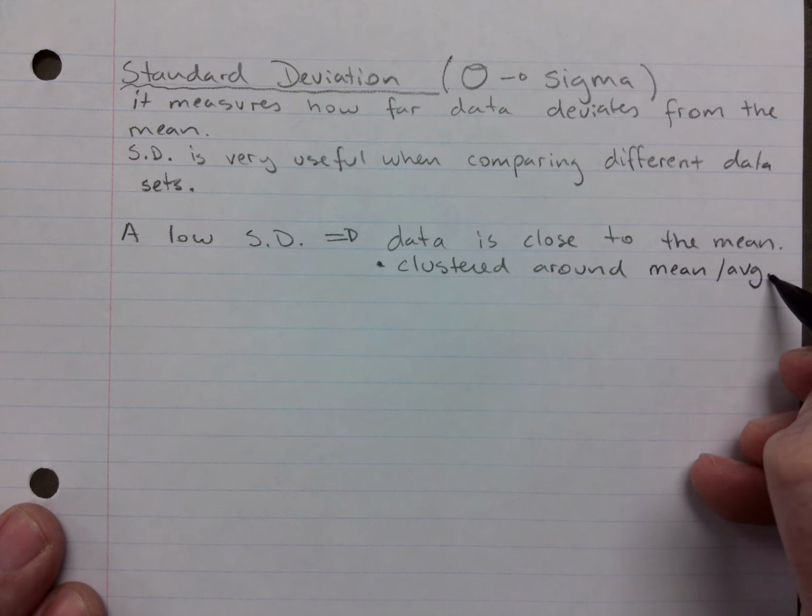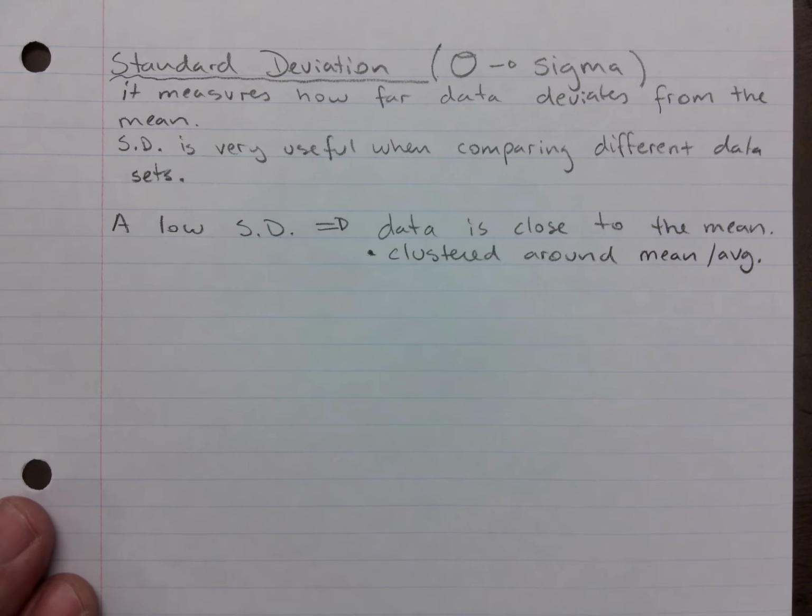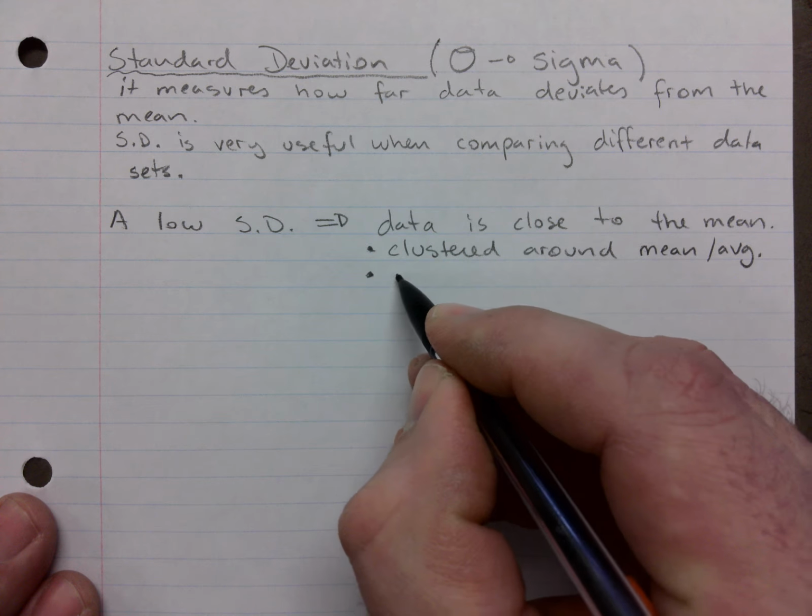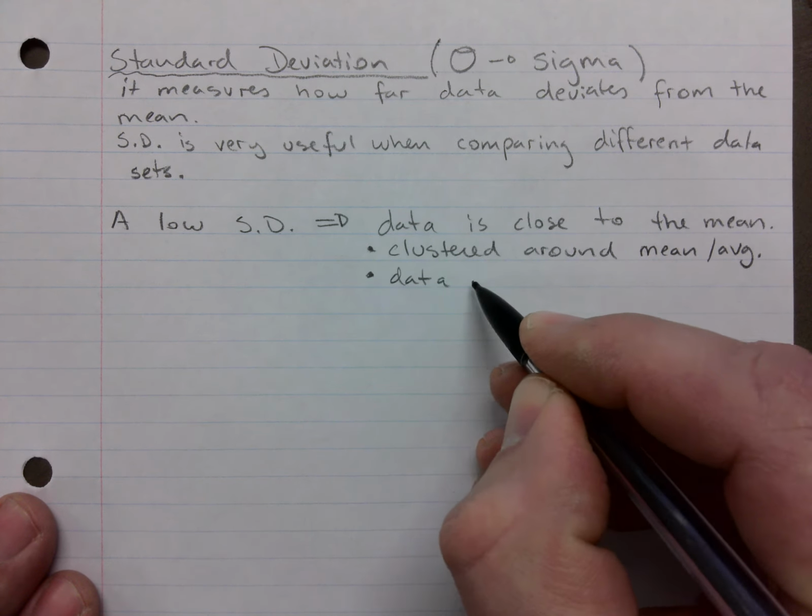It's the same thing. Average and mean are the same. We're referring to the same thing. Data is consistent.